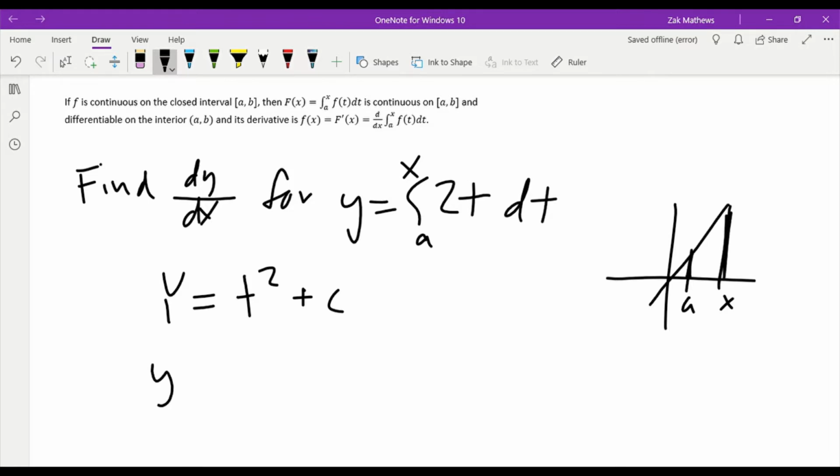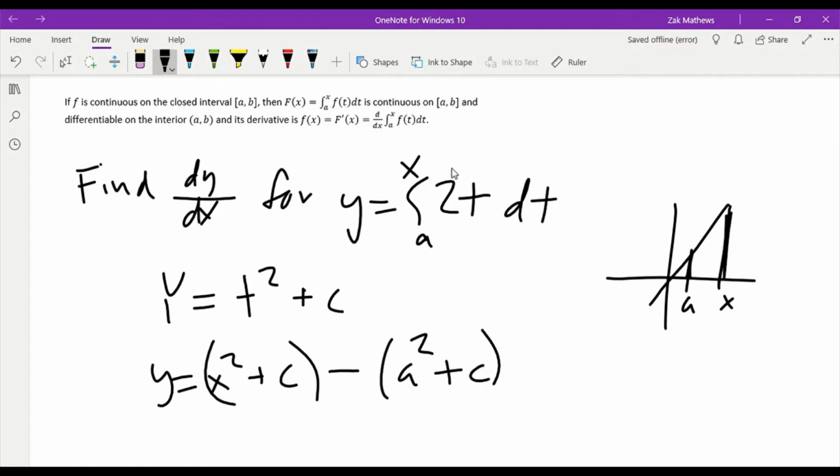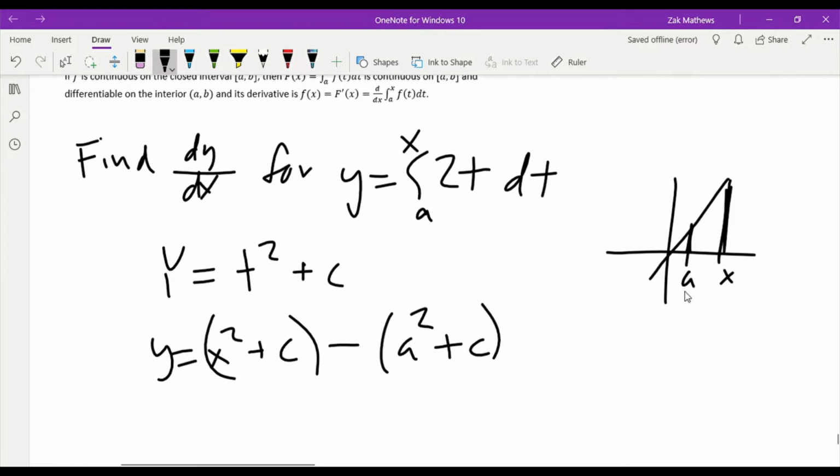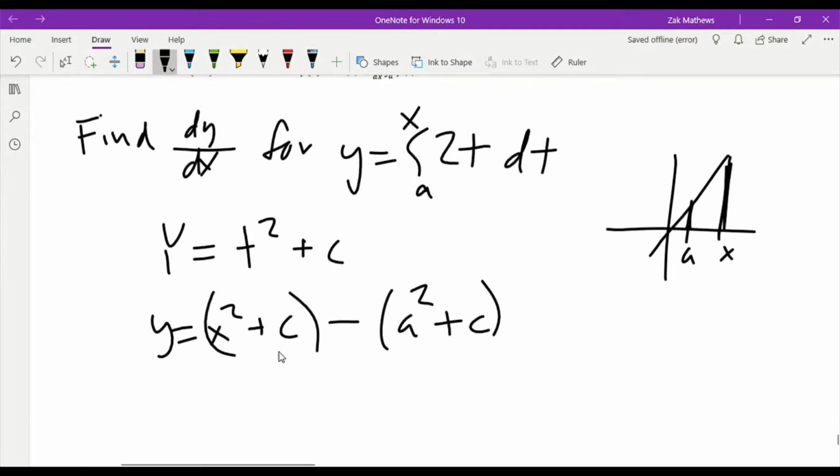So the y value would be equal to x squared plus c minus a squared plus c. We've found the value of this function at the larger value, and we're subtracting off the value at the smaller value to figure out how much is actually in the middle here. And so we can see that these c's disappear, and we're left with x squared minus a squared.